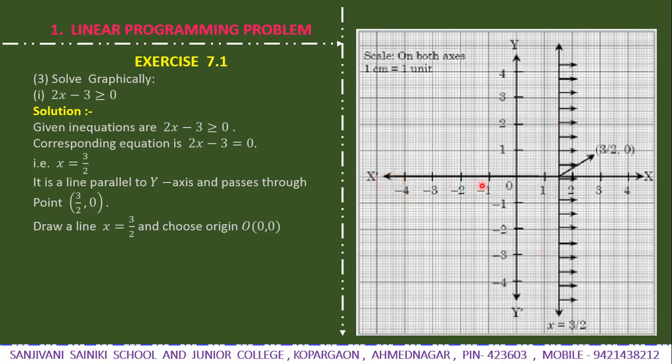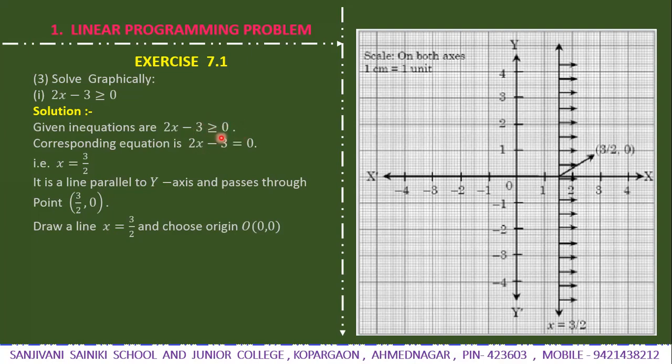First of all, you have to draw the x-axis, the y-axis, then locate the point 3 by 2, that is 1.5 here. It is a line parallel to the y-axis. Then just think of which part we have to take into the solution, the left or the right. The left part contains the origin, so we will put the value (0, 0) in this inequation to check whether it satisfies or not. 2 into 0 is 0. 0 minus 3 is minus 3, and minus 3 is greater than or equal to 0, which is wrong.